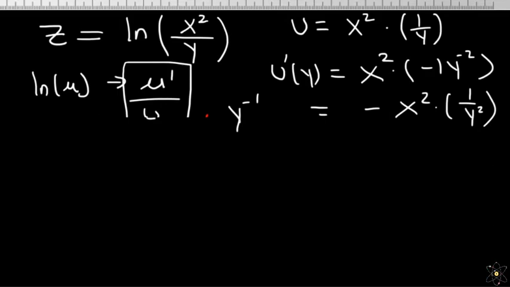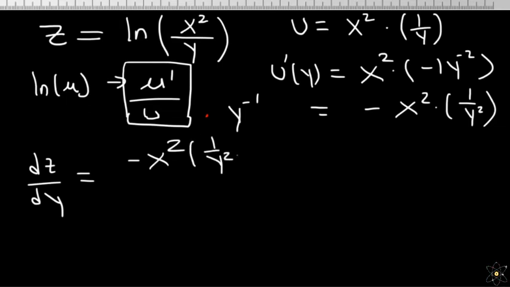So using this formula, u prime over u, dz/dy is going to be u prime, which is negative x squared times 1 over y squared, divided by the original u value, which is x squared times 1 over y.